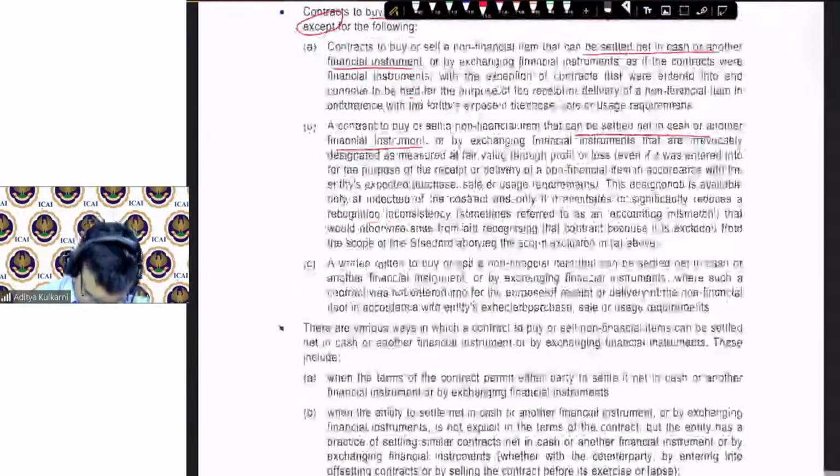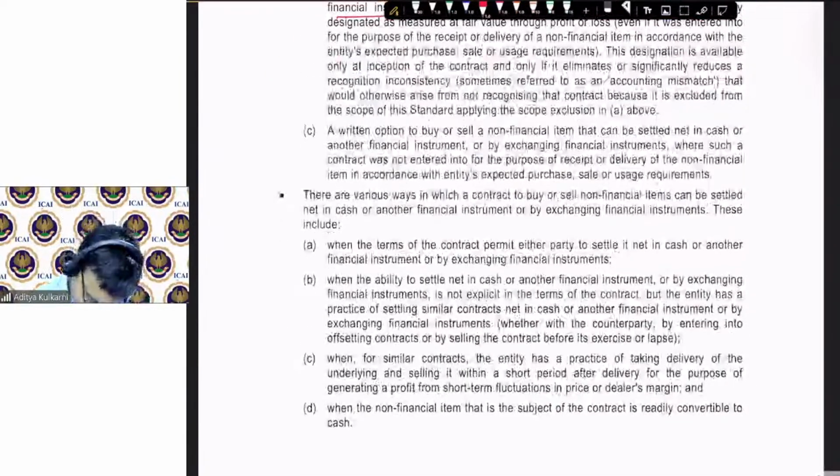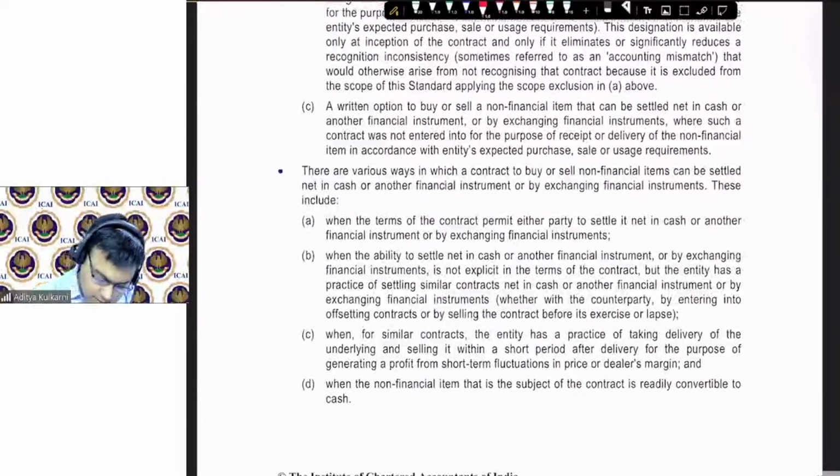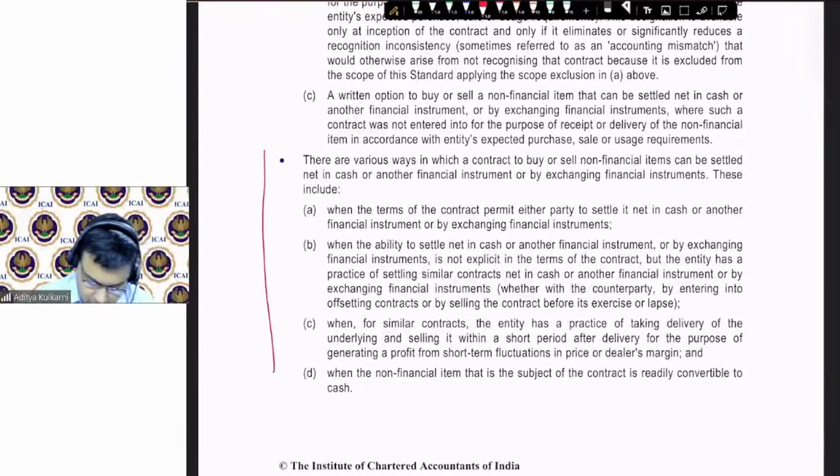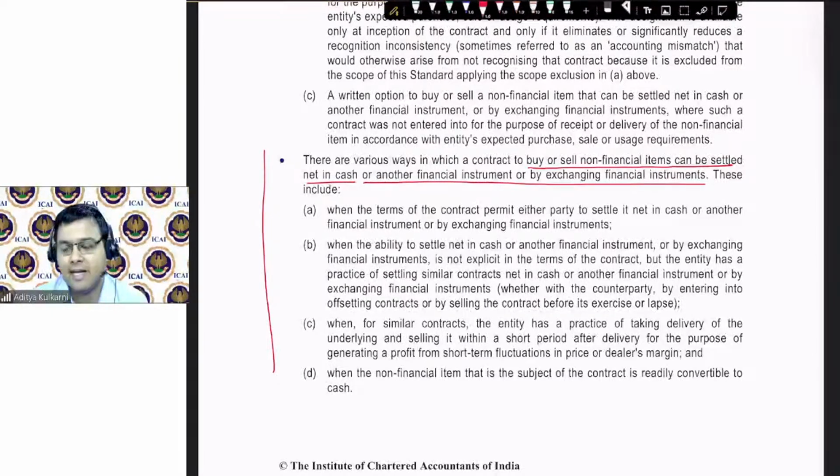Now, this part is important. There are various ways in which a contract to buy or sell non-financial items can be settled net in cash or another financial instrument or by exchanging financial instruments.